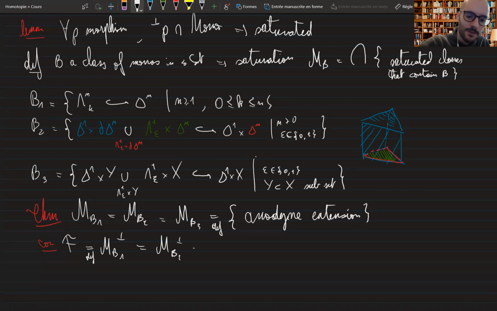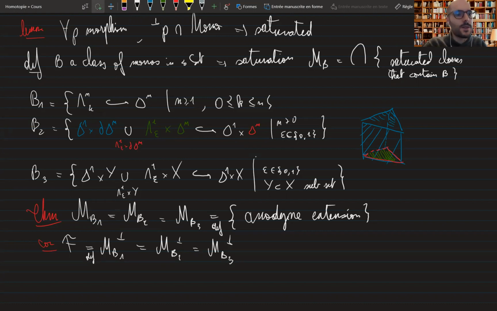Therefore, it will be this and it will be this. So to check that something is a fibration, it is sufficient to check that it has the lifting property with respect to these maps or with respect to these maps, or the other way around.